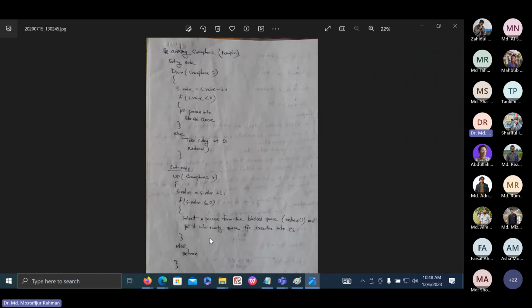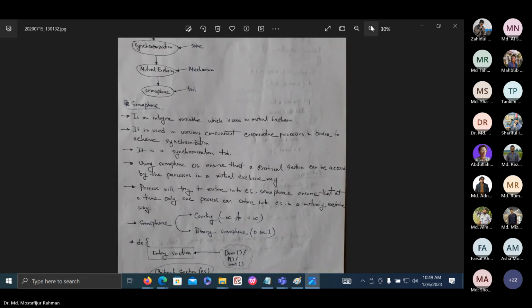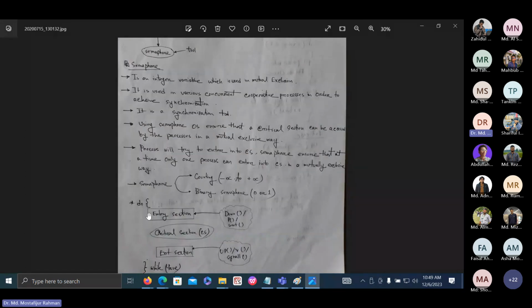How a critical section can be accessed by a semaphore value. I have seen that there are three sections. One is the entry section, another is the exit section.